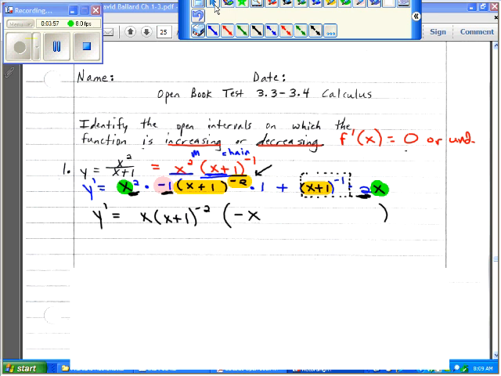We want to think x plus 1 to the negative 2 times what will give us x plus 1 to the negative 1, and it would be an x plus 1 to the positive 1, because when you multiply with like bases, you add the exponents, so negative 2 plus 1 would add up to negative 1.